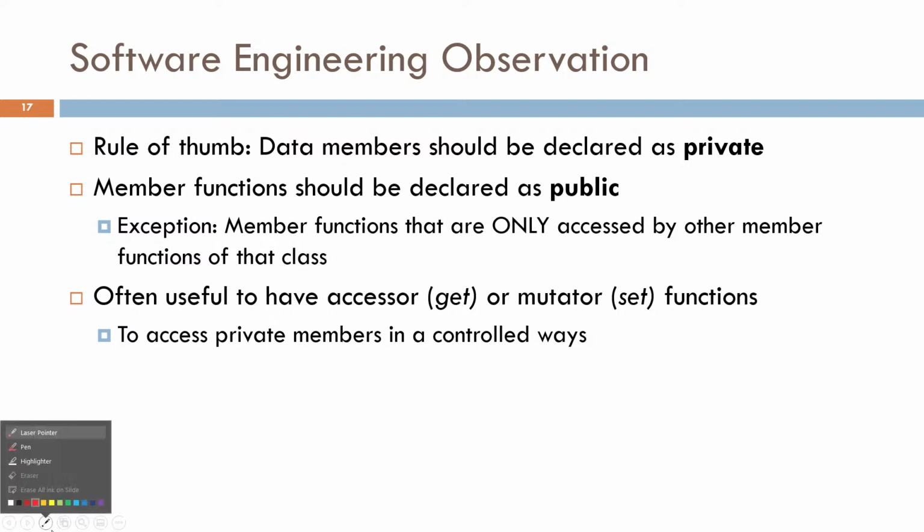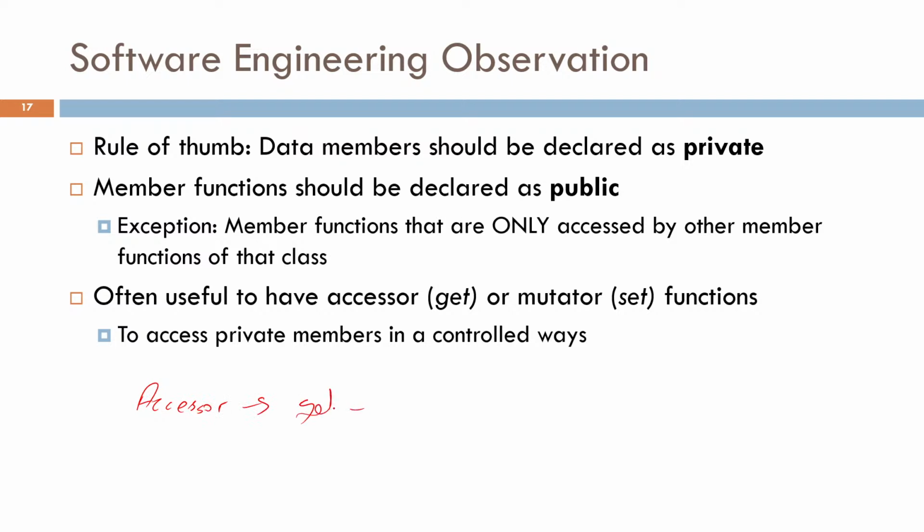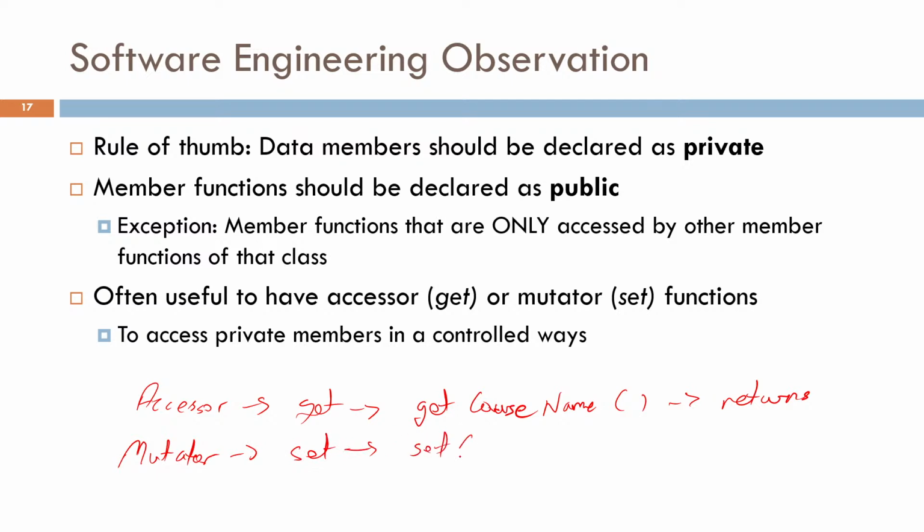So just to annotate here a little bit. The accessor, which is get, was getCourseName, and that returns the member variables that we needed. The mutator was set, so this was setCourseName.